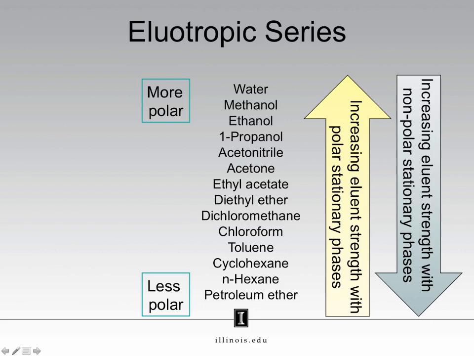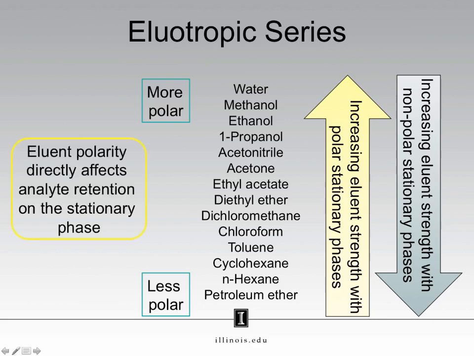Polar eluents result in fast-moving compounds using a normal phase TLC plate. Non-polar eluents result in faster movement of compounds using a reverse phase TLC plate. The polarity of the eluent directly determines what we call the retention, or how far the compounds move, on the stationary phase.